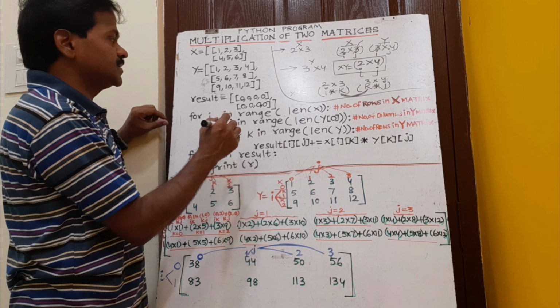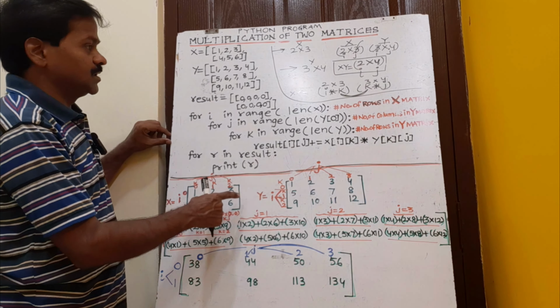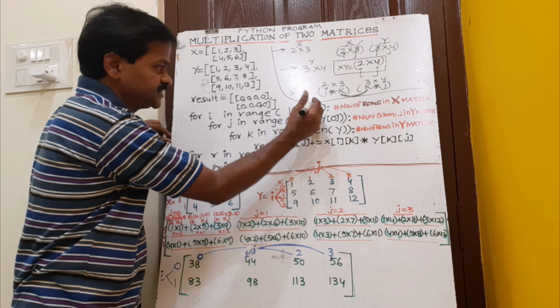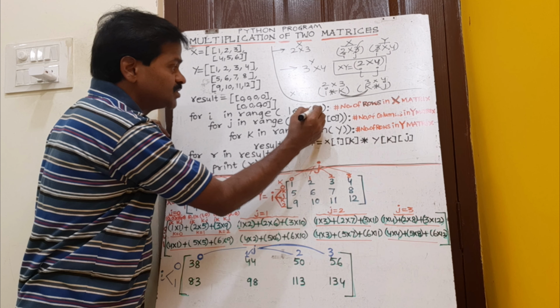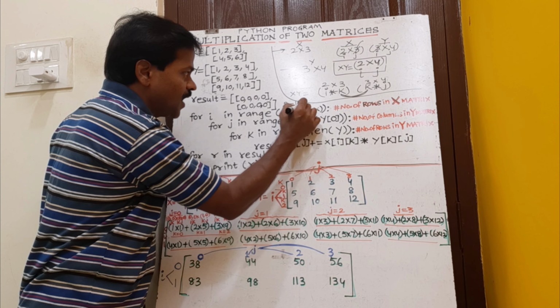How many rows are there in my X matrix? I have given 2 rows and 3 columns. So the rows are 2. Condition minus 1, 2 minus 1 is 1.